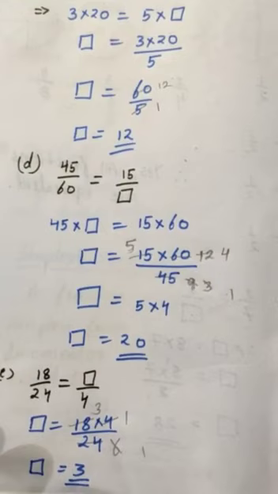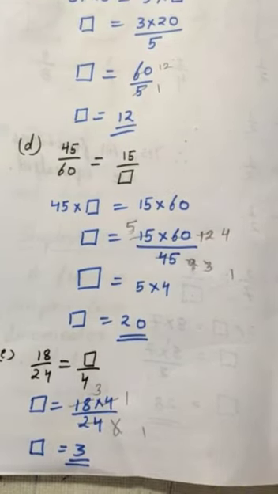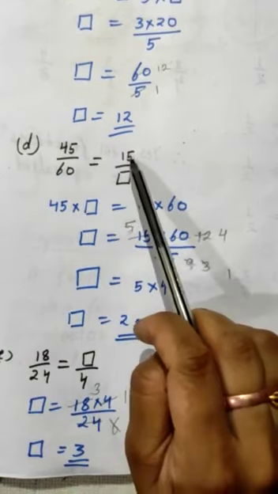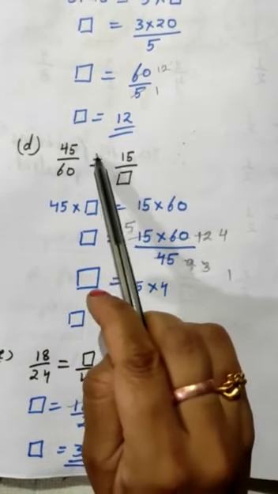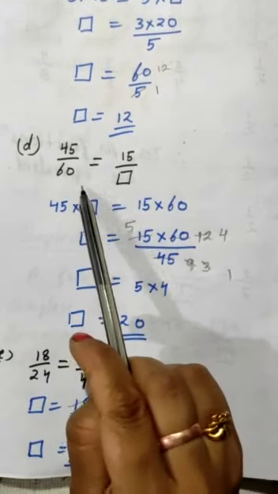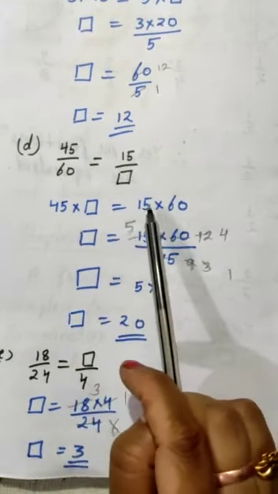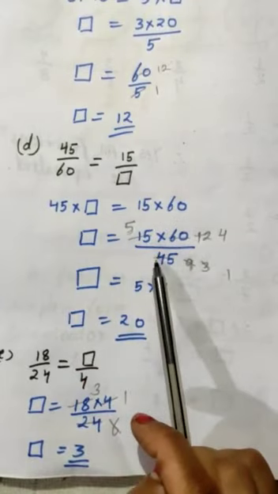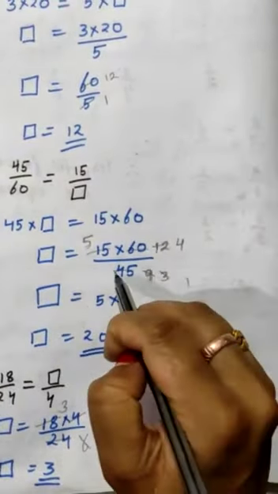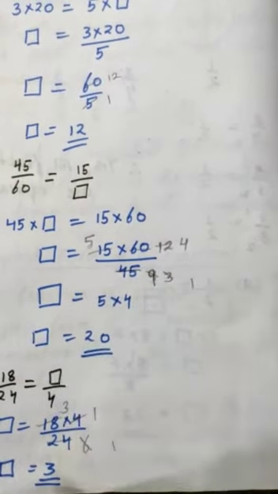Similarly, you can go through the next two sums also. These are 45 upon 60 is equal to 15 upon this. So cross multiply again. 45 into box is equal to 15 into 60. Then box will be 15 into 60 upon 45, and then I'm cancelling. Just be careful how I have cancelled. 5 9s are 45, 5 into 12 is 60.